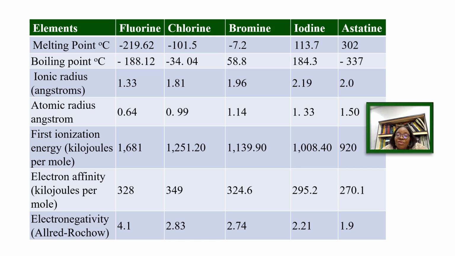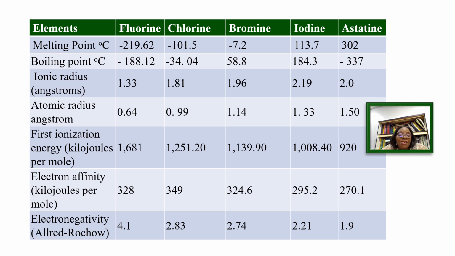All elements of this group are diatomic and molecular, and the melting and boiling points increase as a result of increasing van der Waals forces of interaction between diatomic molecules for the heavier elements. Compared with group 16 elements, halogens have relatively low melting and boiling points.